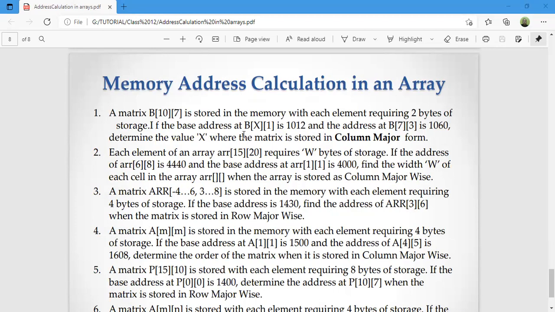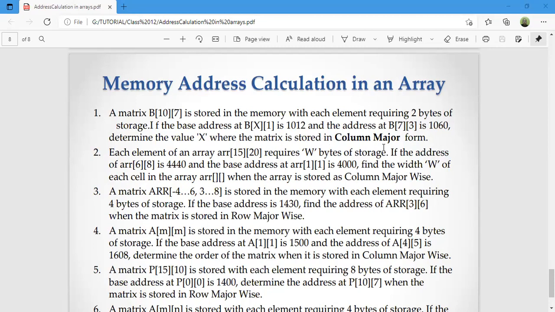If the base address at B x comma 1... Now here they have not specified the lower bound of the row, so it is assumed to be X, and the lower bound of column is 1, is 1012. The address of B 7 comma 3 is 1060. Find out the value of X where the matrix is stored column major wise.